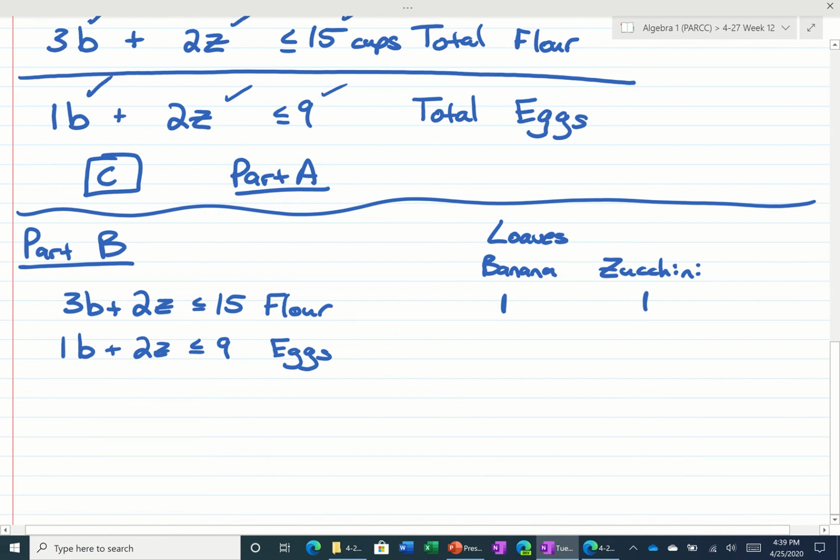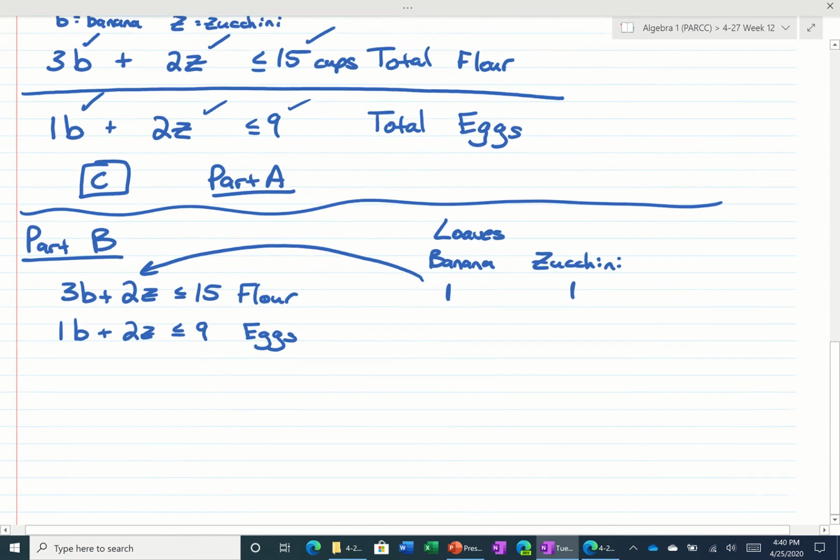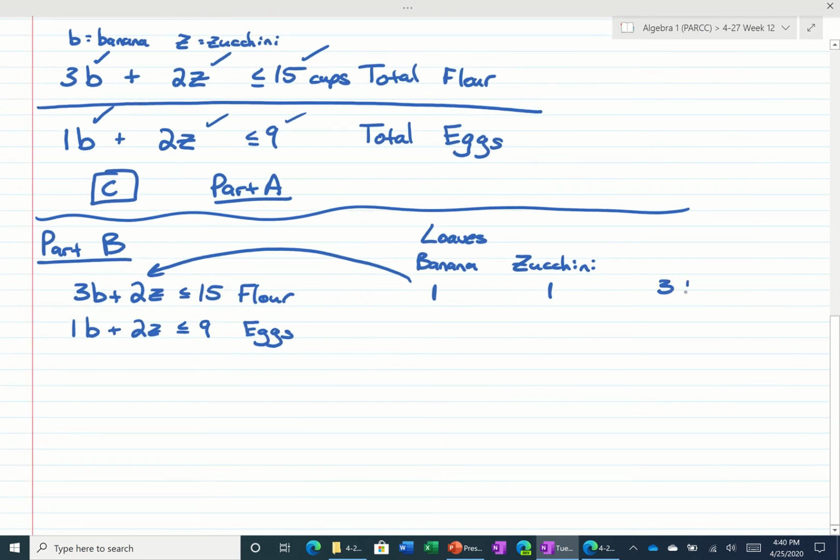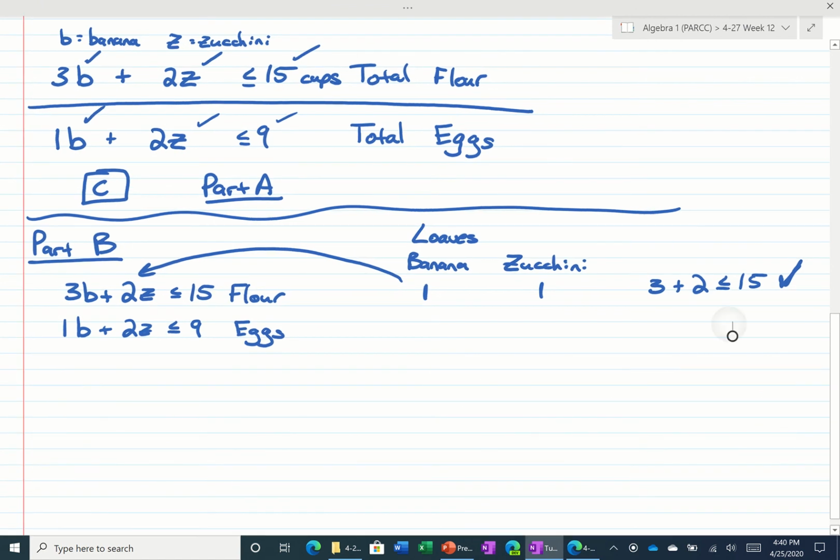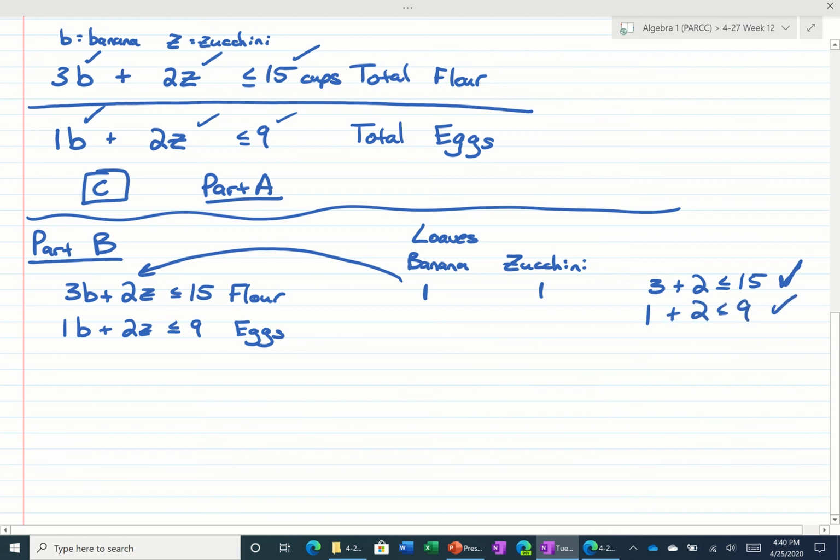If I plug that into my first inequality, I'm going to plug these ones in. I'm going to have 3 plus 2 is less than or equal to 15, and that works. If I plug it into my second equation, I'm going to have 1 plus 2 is less than or equal to 9, and that works also. So you could definitely make one of each.